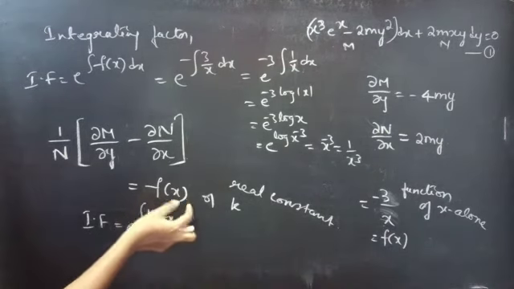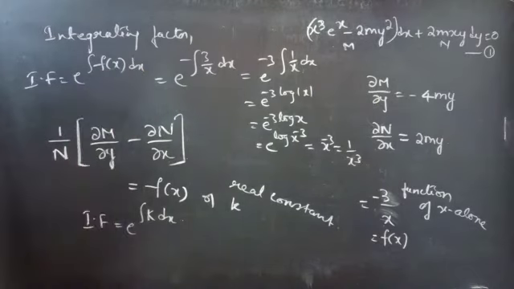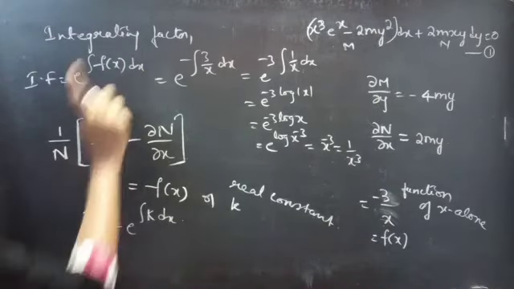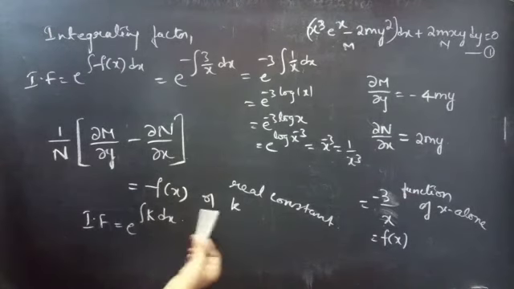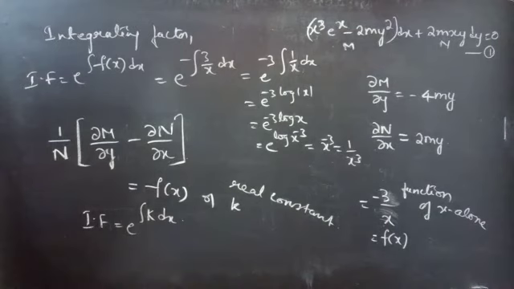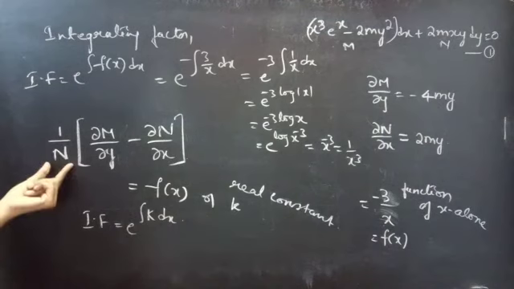By looking at f of x, we write dx, right? We write dx, but how can we remember to write dx when we get k? Simply, here you're having 1 by n, right?